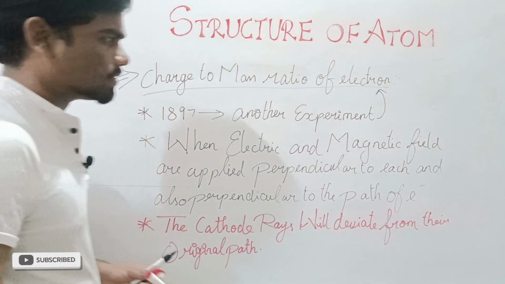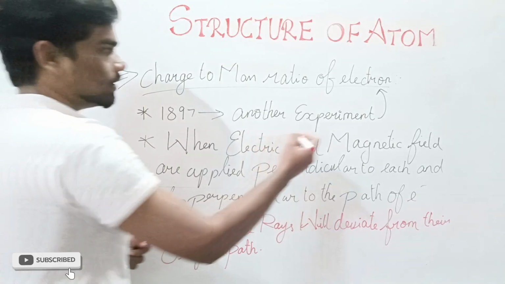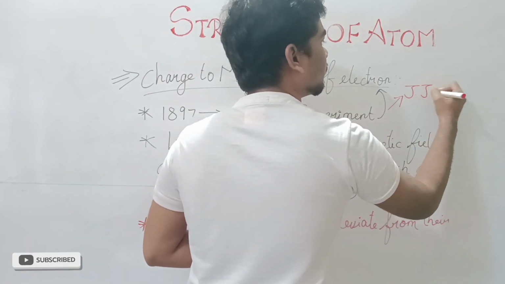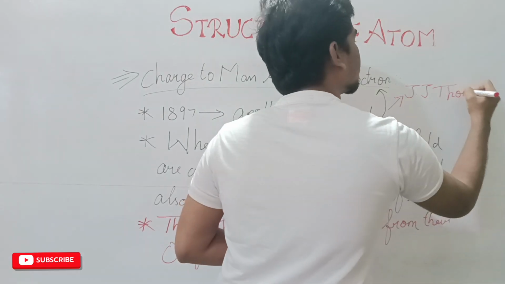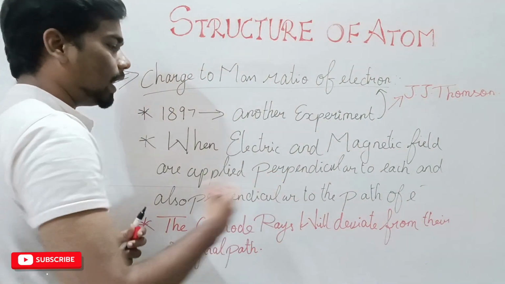So my dear friends, just remember all these points. I'm writing it here. This experiment is done by J.J. Thomson, the same person who discovered the electron.